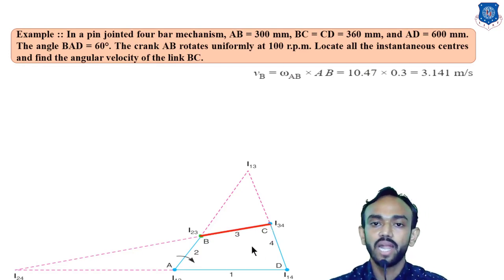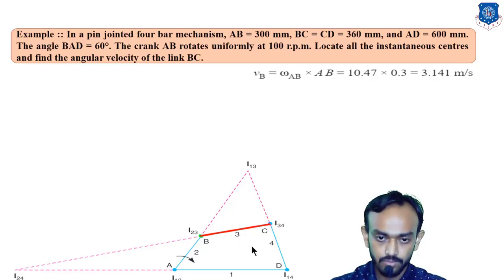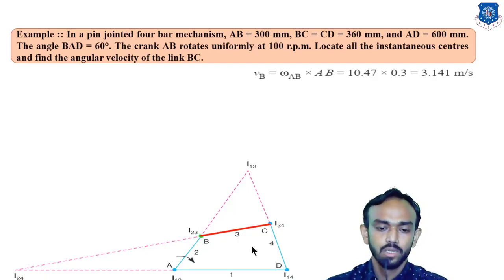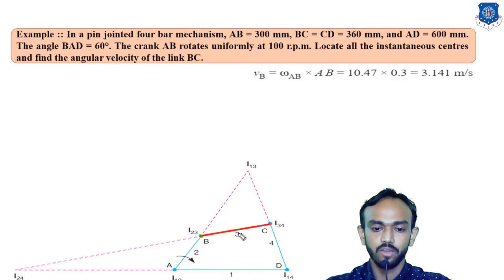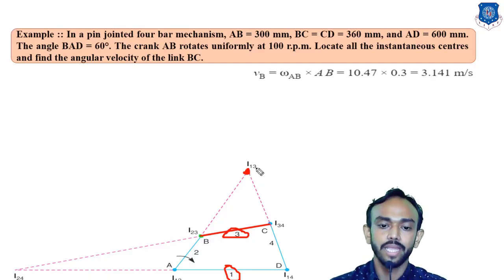Okay, and we will find the velocity of this BC link with respect to the fixed link, which is link number 1. So you know that for the velocity of link number 3 with respect to 1, you have to take the reference point as I13, because with reference to I13, link number 3, BC, is rotating in pure rotation.